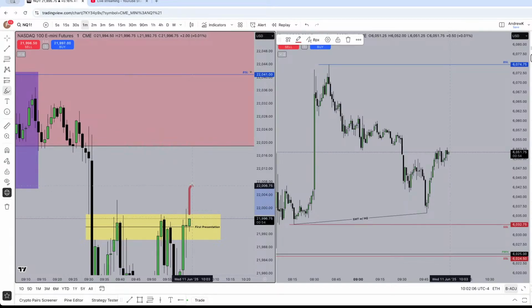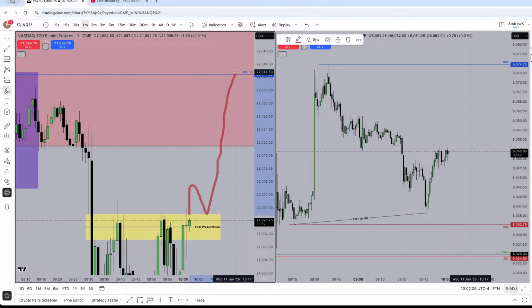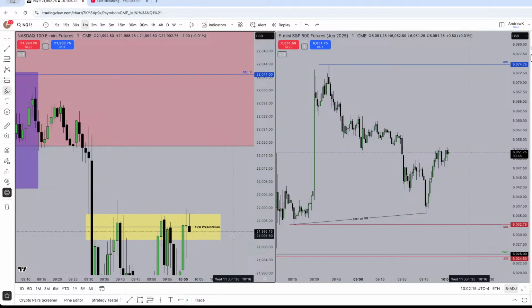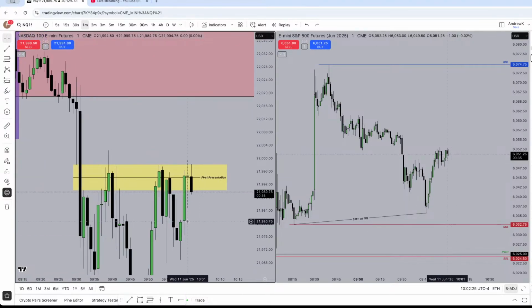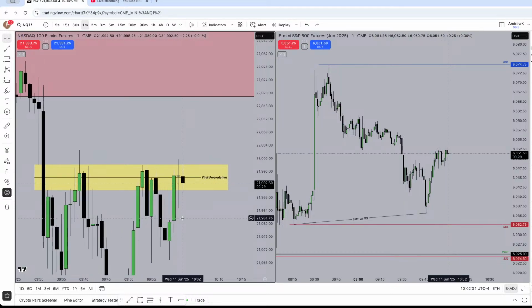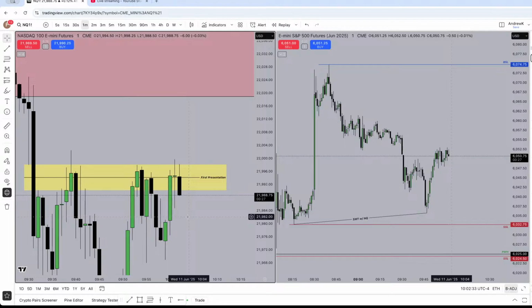So ideally it could come here, there, or it can just go straight up. I'm not going to be having all that on my charts, but, oh, sorry. Now, I want to see if it comes back in here too. If it leaves it open, then it's even better for upside support.